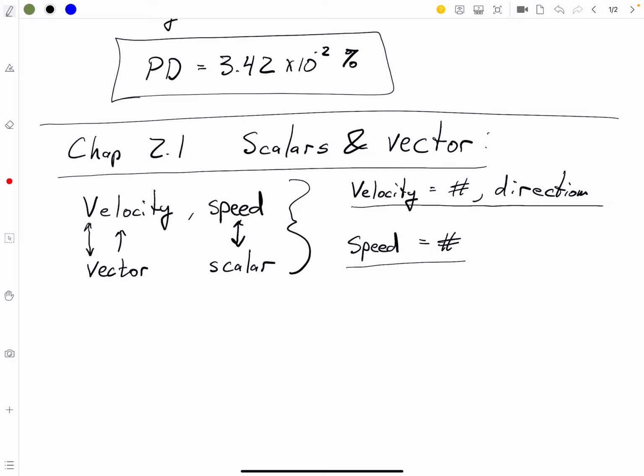So a vector has a direction, so it has a magnitude, that's your number, okay? Both have a magnitude. But the vector also has a direction.